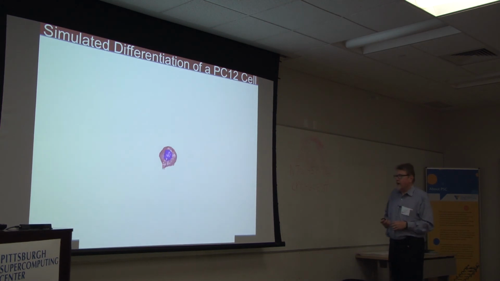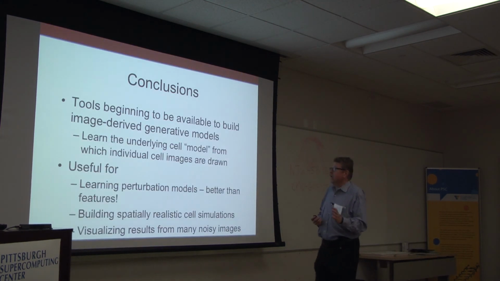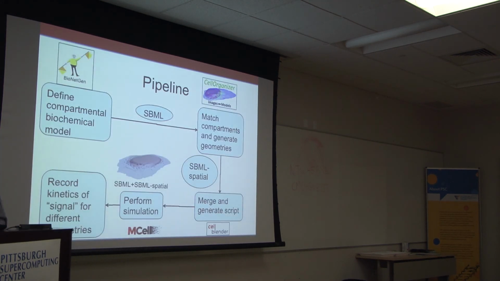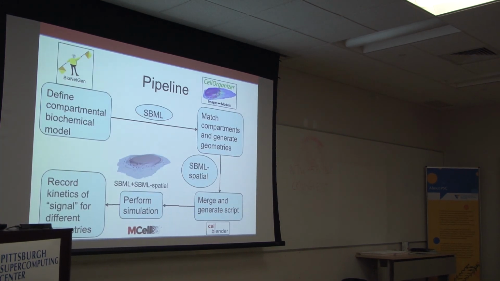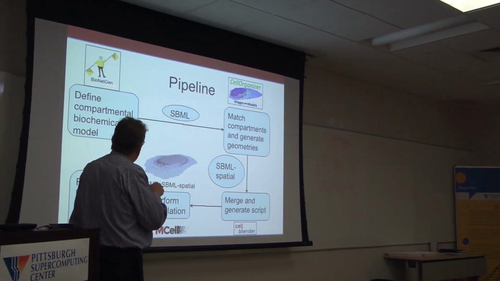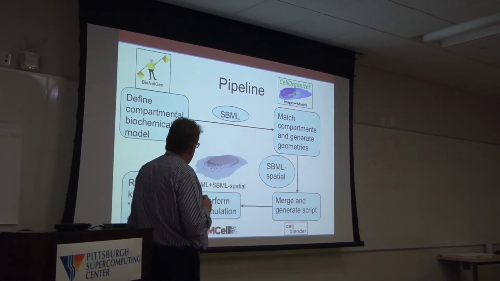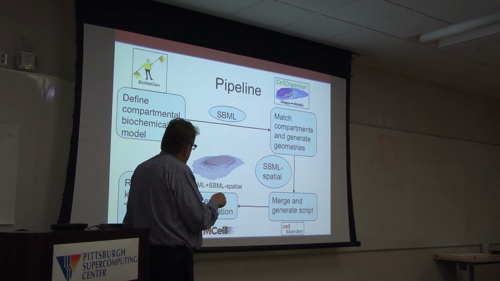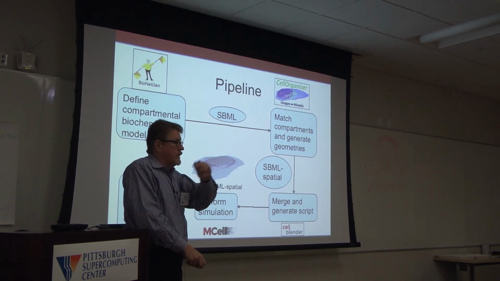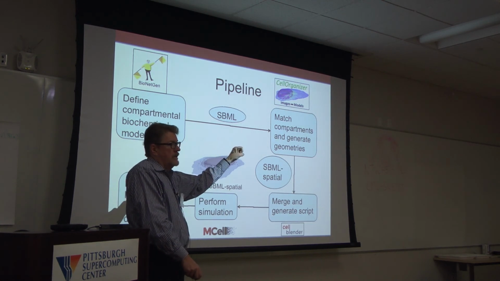Okay. All right. So the last thing I'm going to do is very, very quickly talk about using the geometries we get. And I'm going to skip over this. The slides will be on the website. The basic idea is that we start out with some biochemical model like that we could generate with NetGen, write that in SBML, read that in a cell organizer, and it picks out what are the compartments that your model is trying to use.